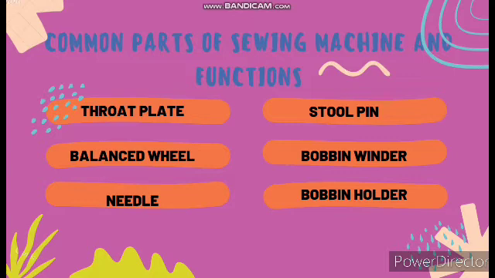Then the bobbin holder. The bobbin holder is used to hold the bobbin in the machine. It is one of the commonly used spare parts that you can find everywhere.